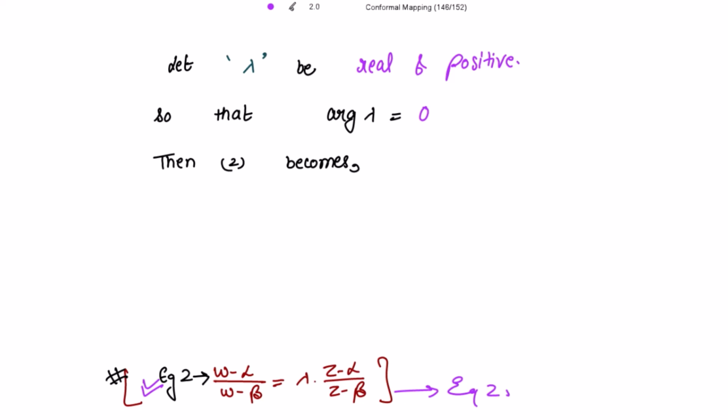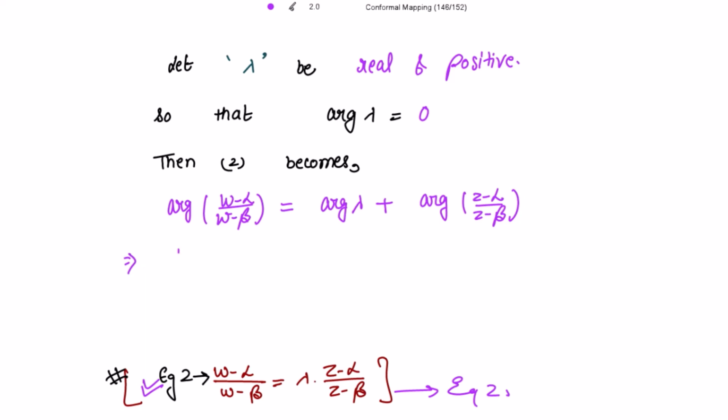So taking argument on both the sides, we get argument of w minus alpha over w minus beta equal to argument of lambda plus argument of z minus alpha over z minus beta.